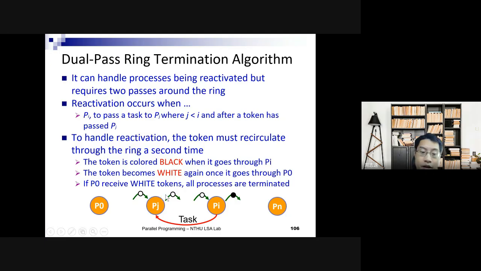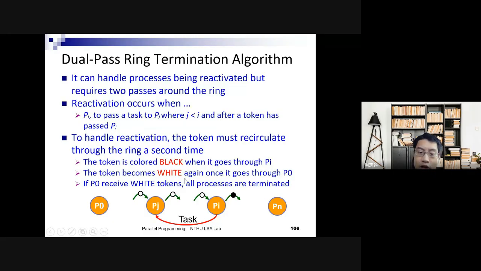But that's for the first pass. So we use color to indicate whether this token is valid or not. As you can see, at the beginning the token is valid, so it's colored white. However, a process can invalidate the token by coloring it black.